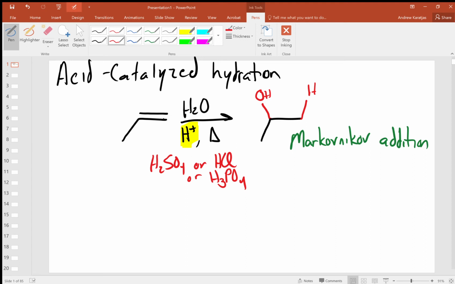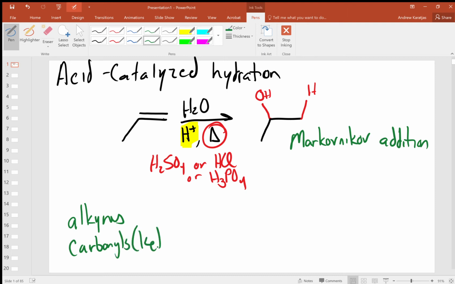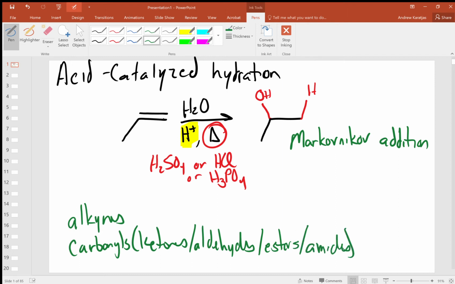And so these strong acids, especially once you add in high temperature, not only can react with alkenes, but can react with alkynes as well as most carbonyls, including ketones, aldehydes, esters, amides, as well as possibly being able to react with a few other functional groups as well.